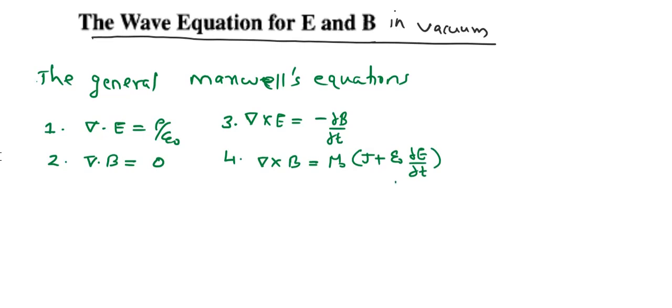Actually, this was the contribution from Maxwell to the Ampere's law. The addition of the mu 0 epsilon 0 dou E by dou t term was the actual contribution from Maxwell. Those things we have already discussed in the previous classes.